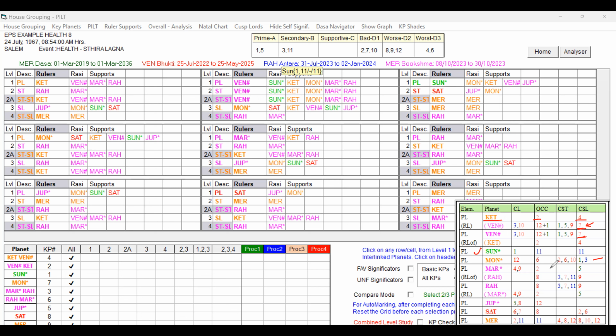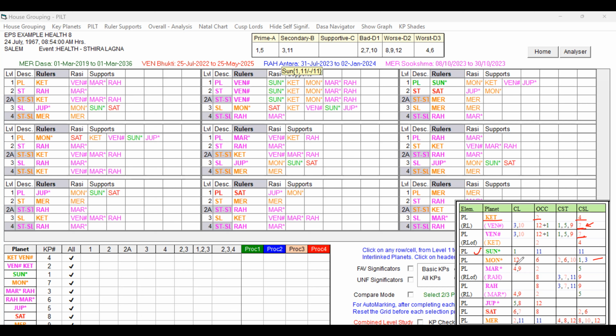According to the level at which the Moon is playing a role, suppose Moon is a free planet, Moon can be a sublord for the other planets. If the other planets are already having issues, the Moon will further support the unfavorable. I think you are able to understand.